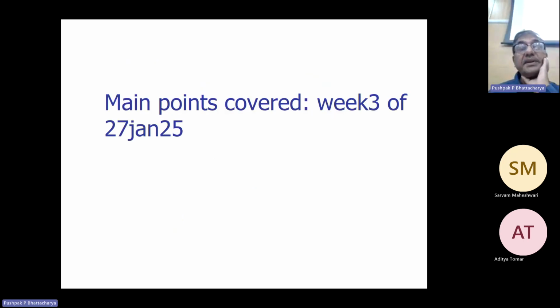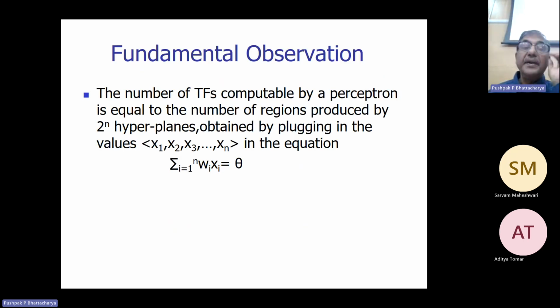Okay, in week 3 of 27 Jan, last week, we covered a very fundamental observation that the number of threshold functions computable by a perceptron is equal to the number of regions produced by 2 to the power n hyperplanes obtained by plugging in the values x1, x2 up to xn in the equation sigma i equal to 1 to n, wi xi equal to theta.